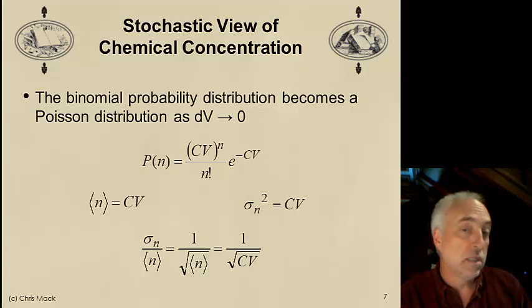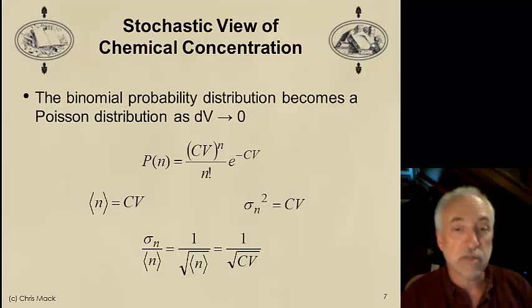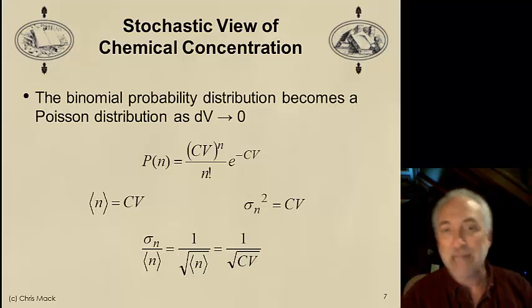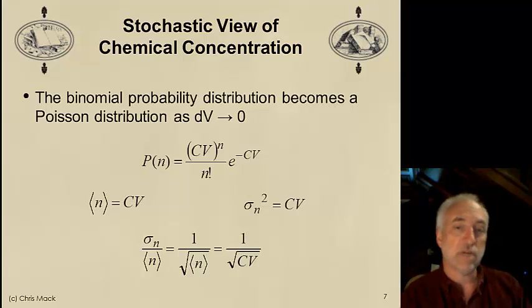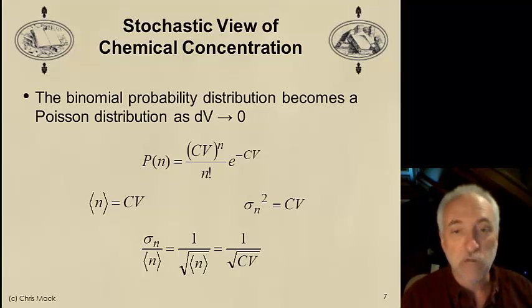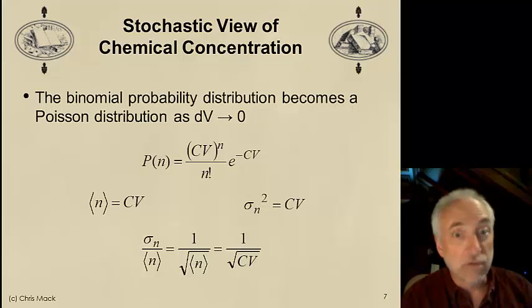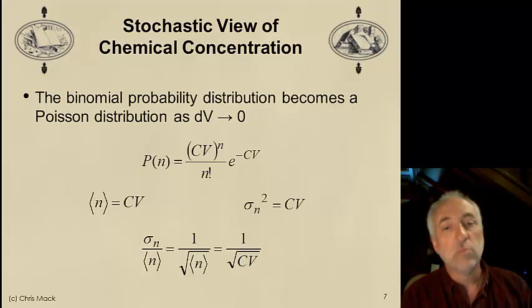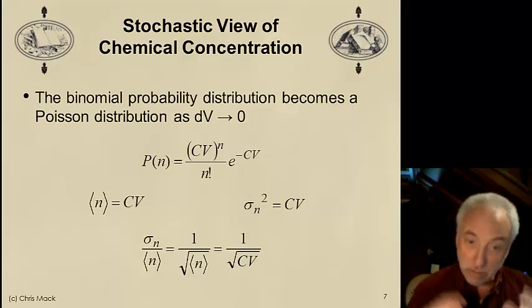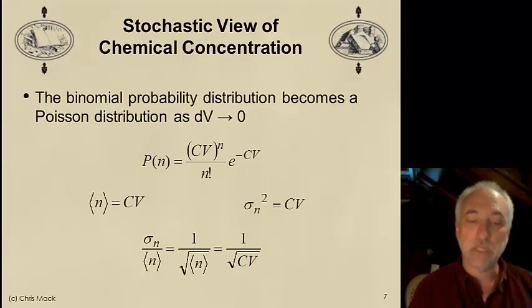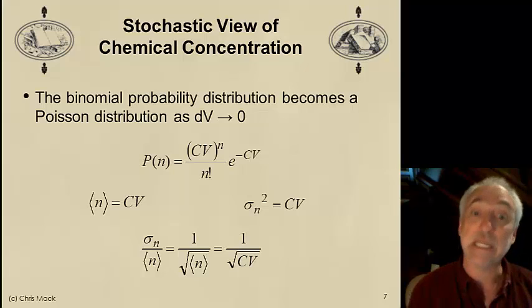The standard deviation of the number of particles you find in some volume V divided by the mean number of particles you find in that volume V is equal to 1 over the square root of the mean number of particles. This standard result for any Poisson distribution means that if I have a large volume with a large number of particles, the relative uncertainty gets very small.